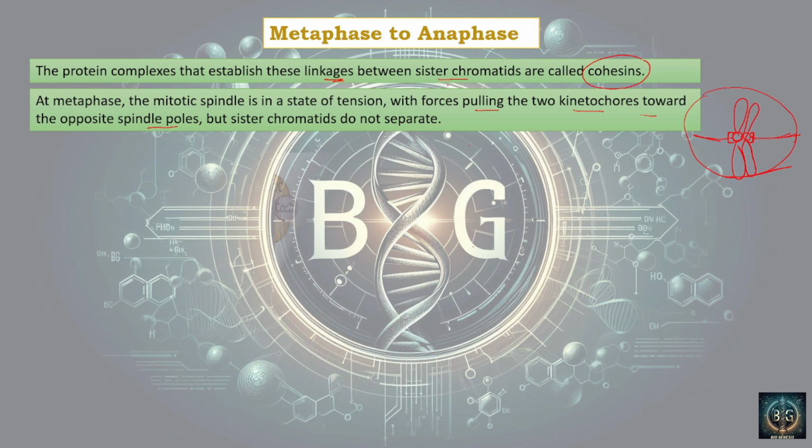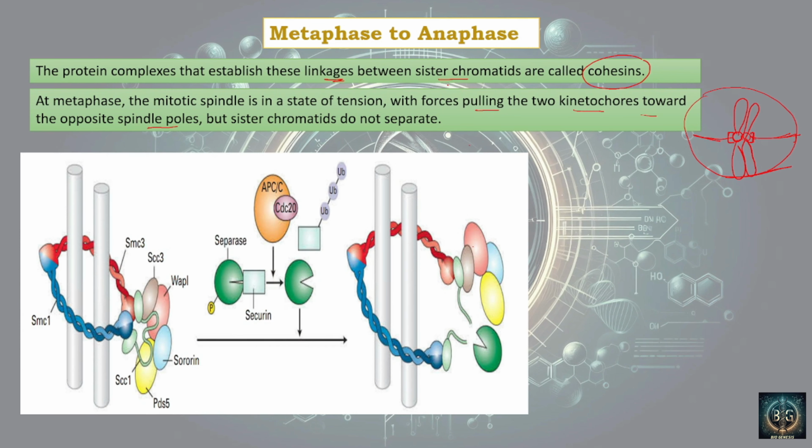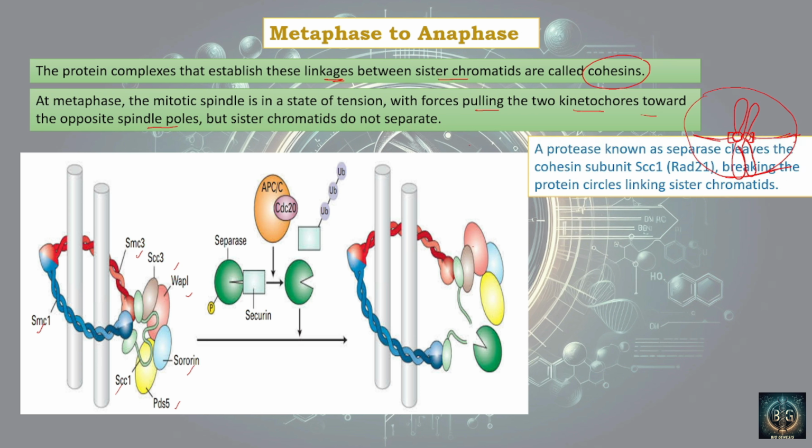Let's see a diagram. This is the cohesin protein. It is a protein complex because different types of proteins make a complex and form cohesin proteins, and it establishes the linkage between sister chromatids. A protease known as separase. Separase is a protease.